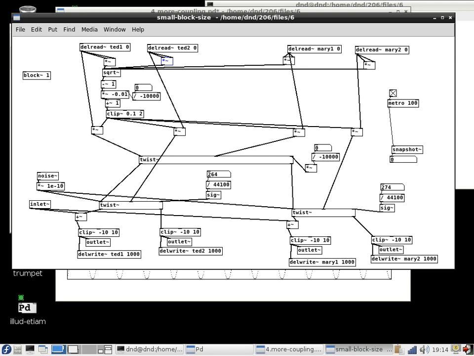We get the total instantaneous power of everybody by taking the sum of everybody's square, and reduce it to amplitude by taking the square root, so it's the root power now. Then we check it against 1, making a correction factor, adding that to the normal value, which should be 1, clipping it to make it reasonable, and then multiplying everybody by that before we go on to the rest of it.